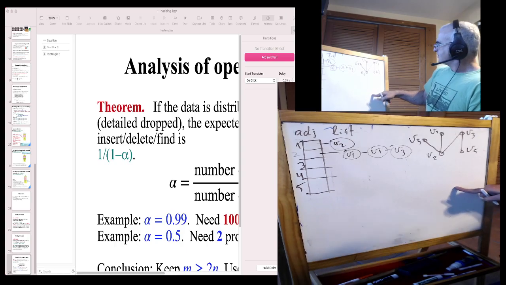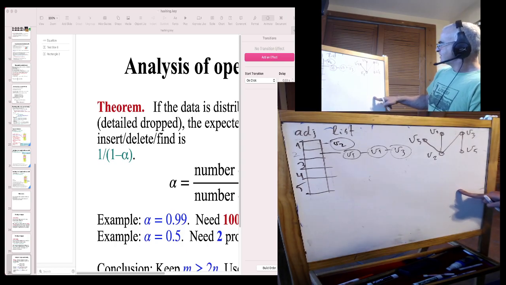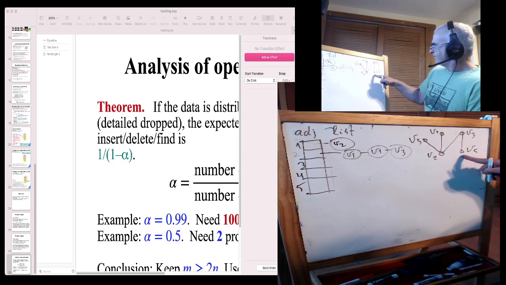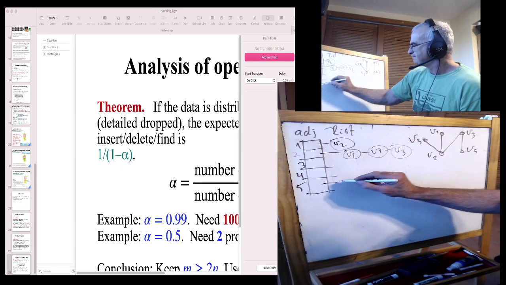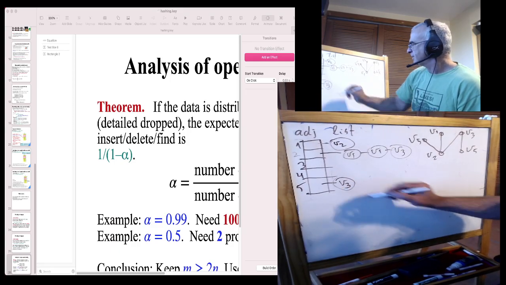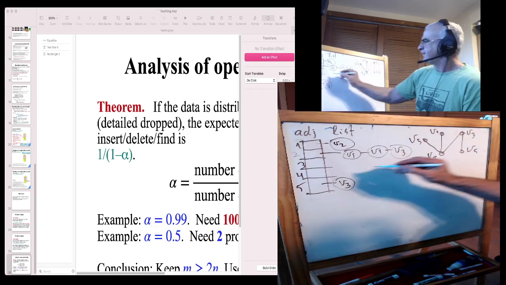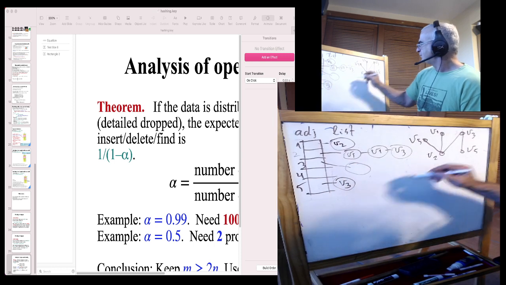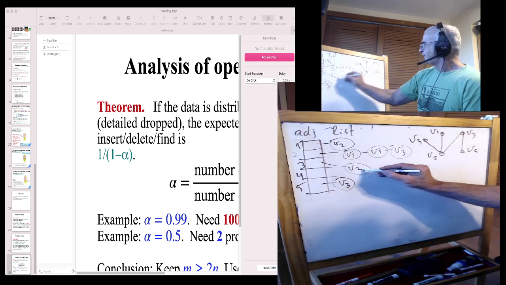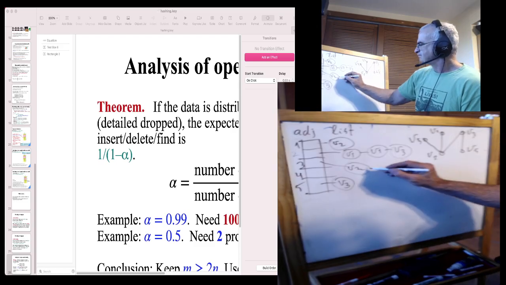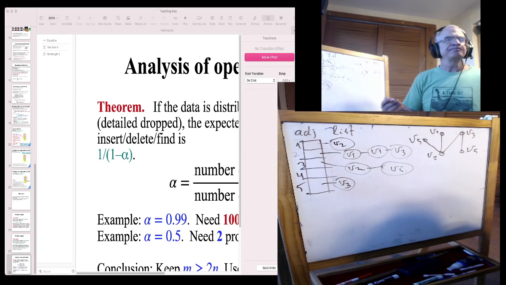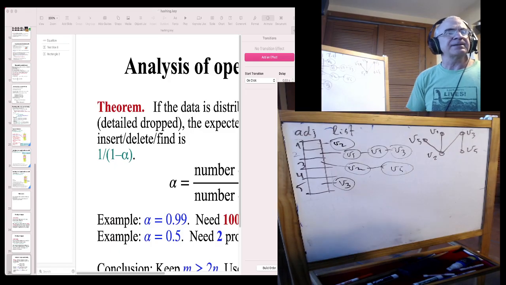The list of vertex 4 contains V1, and the list of vertex 5 is only connected to vertex 2, and vertex 3 is connected to V2, and V5. Okay, that's adjacency list.